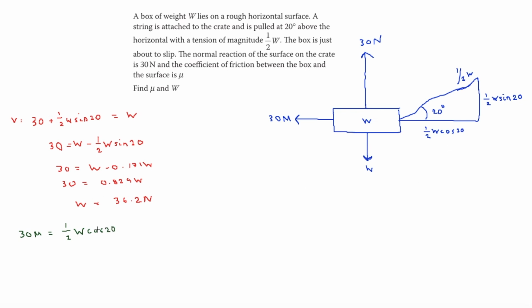We can sub in 36.2 for W there, and we get 30 mu equal to 17, which means that the coefficient of friction is equal to 0.567. That's to 3 dp. So the next question, we're looking at an inclined slope.